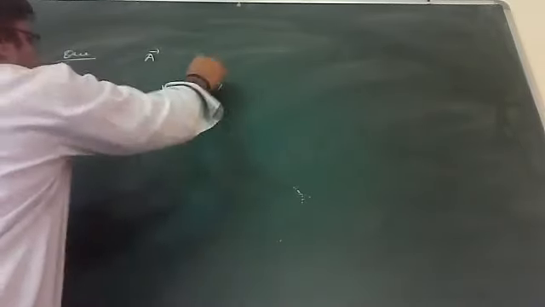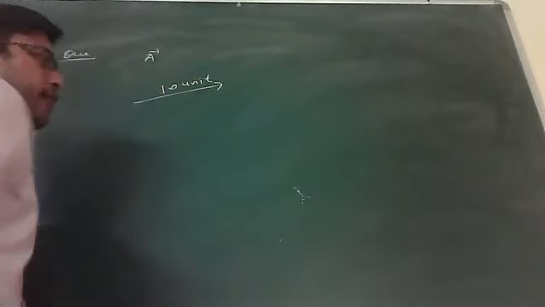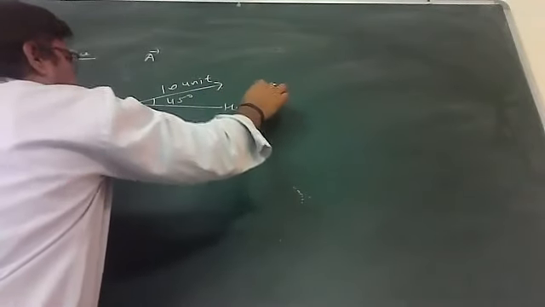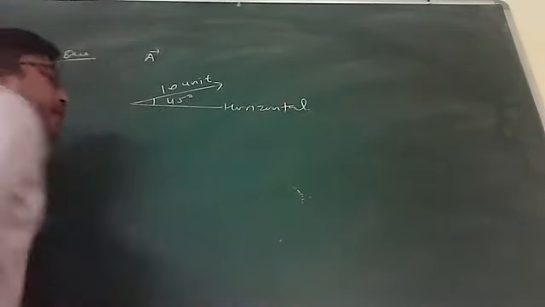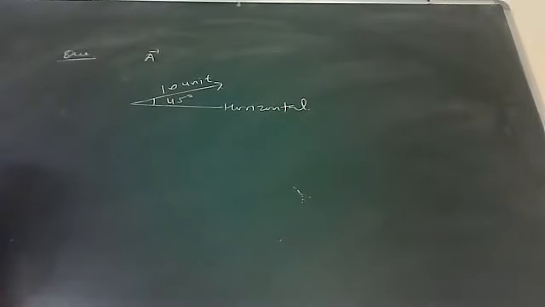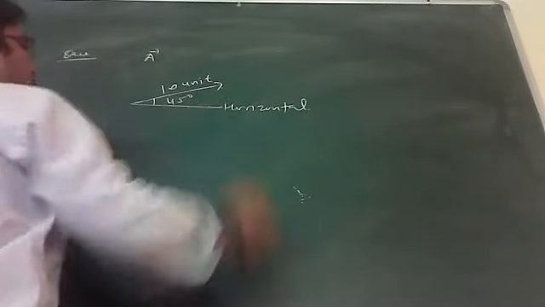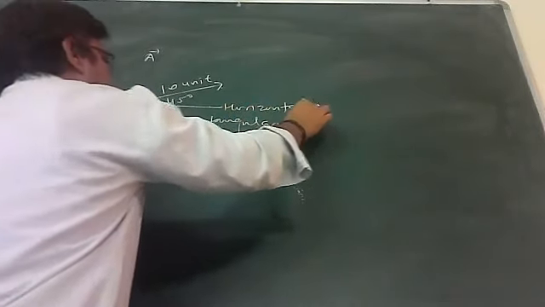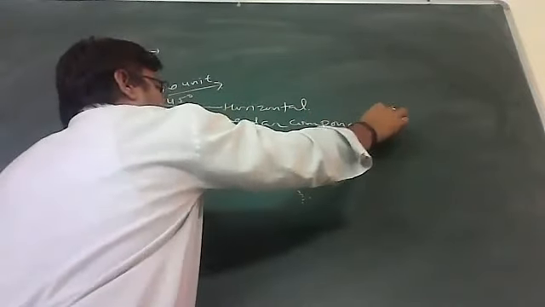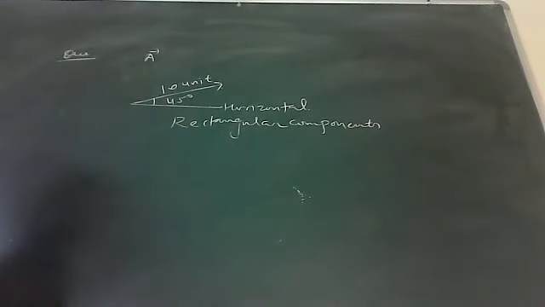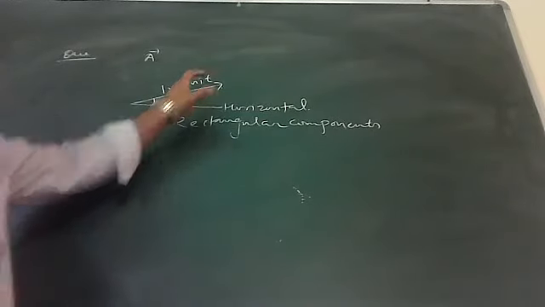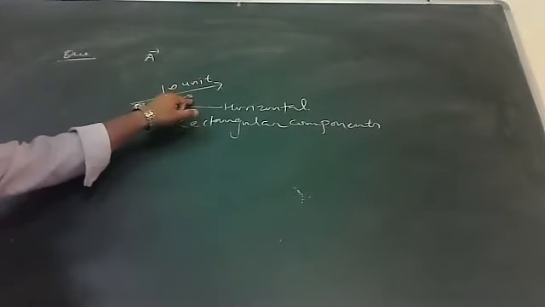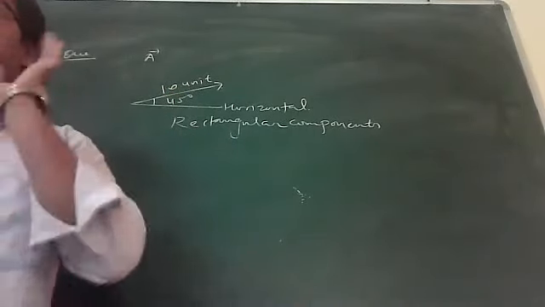It makes a 45 degree angle from horizontal. Find its rectangular components. There is a vector having magnitude 10 unit placed in the xy plane. The angle given from horizontal is 45 degrees. Find out the rectangular components of this vector.